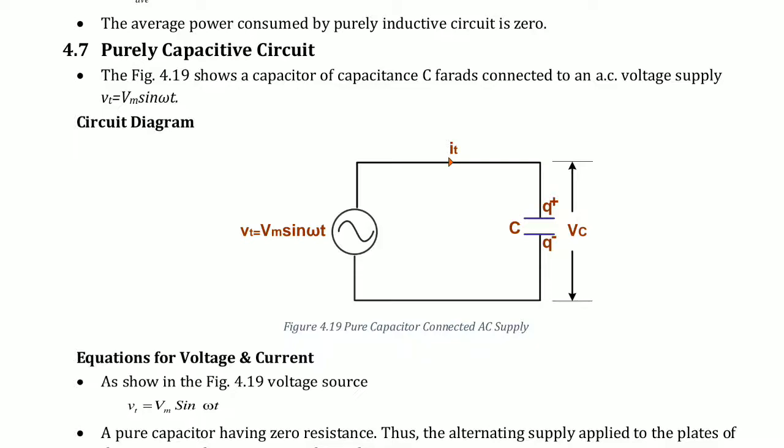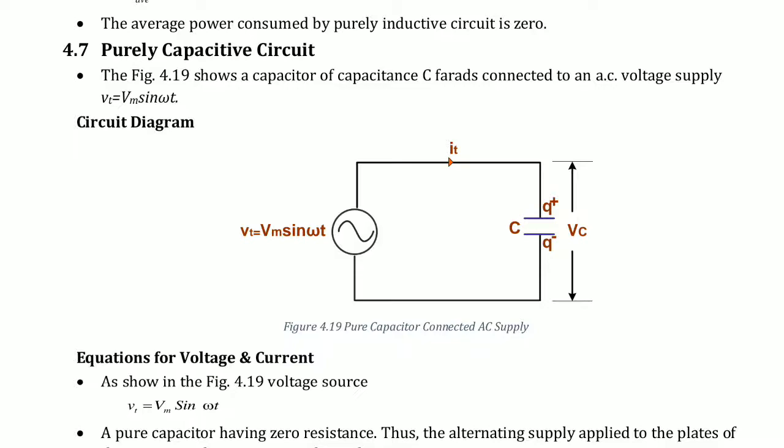The supply voltage is V equal to Vm sin omega t. As given in the figure, the upper plate is positive and the lower plate is negative. The voltage across the capacitor is Vc, the voltage drop across the capacitor.